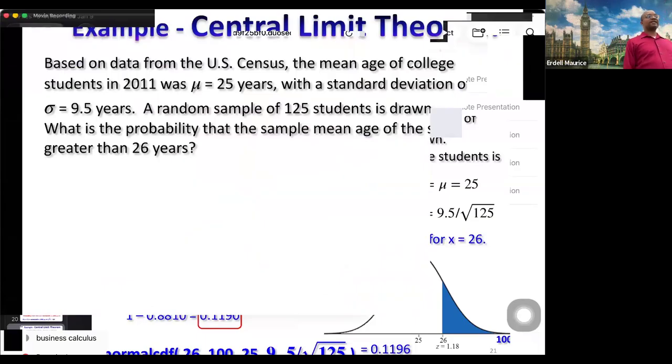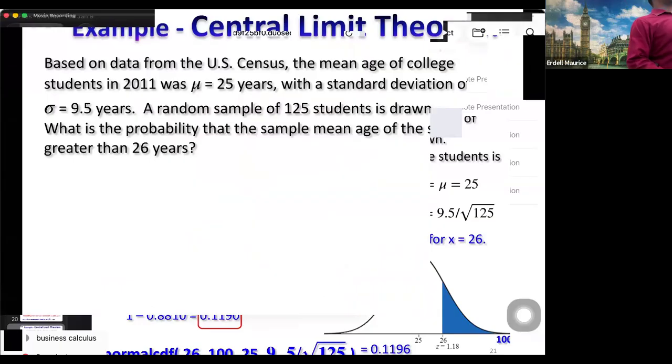Based on data from the United States Census, the mean age for college students in 2011 was 25 years with a standard deviation of 9.5 years. A random sample of 125 students is drawn. Now, that's my first point I want to make right here.